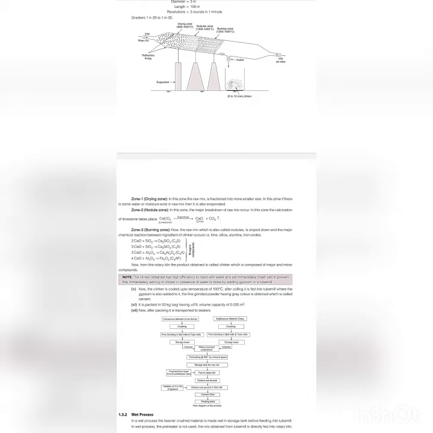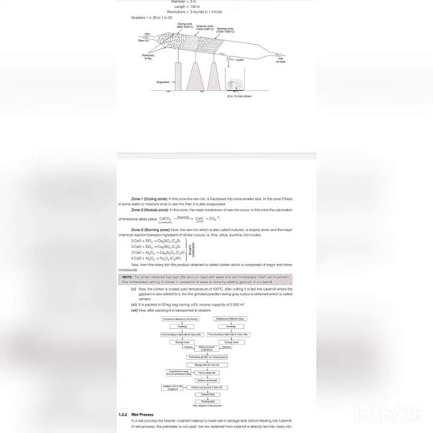In this zone, the major breakdown of raw mix occurs and the calcination of limestone takes place. CaCO3 limestone is superheated and breaks into CaO lime and carbon dioxide CO2. Zone 3 or burning zone. Now the raw mix, which is also called nodules, is burned down and the major chemical reactions between the ingredients of clinker occur.